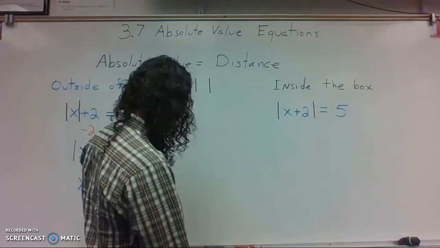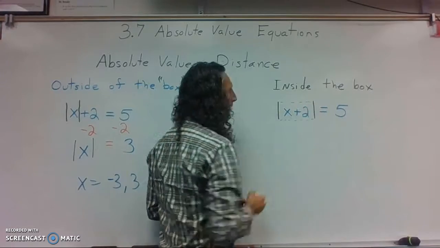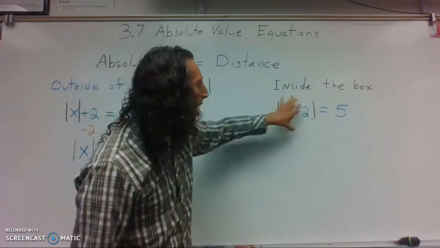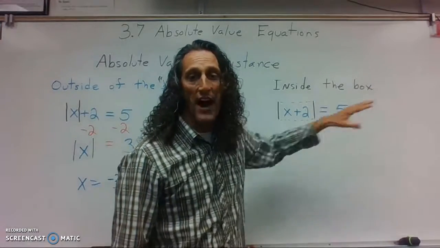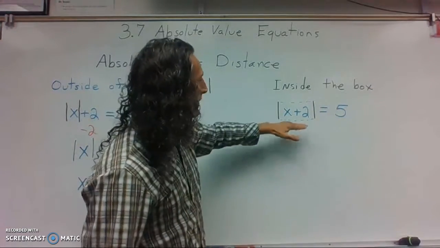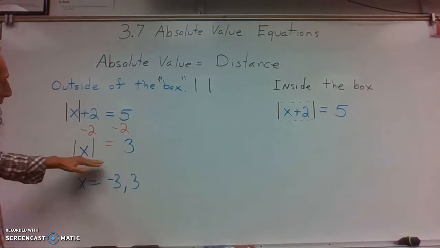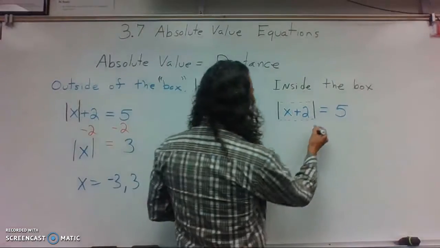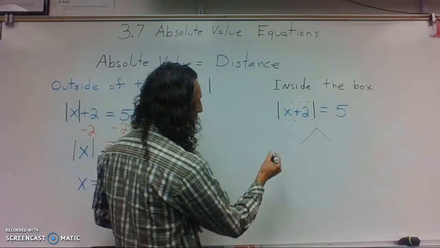Let me make it look like a box. So what it's saying is that this box, it doesn't matter what's in it, is a distance of 5. Well, it's going to be just kind of like we did down here, where you have the box equals a 3, one of the answers has to be like a negative 5.